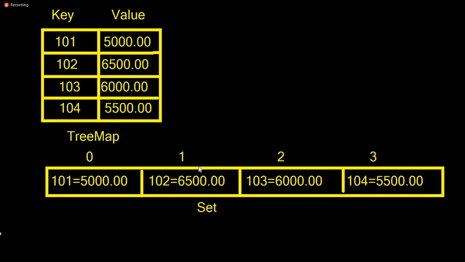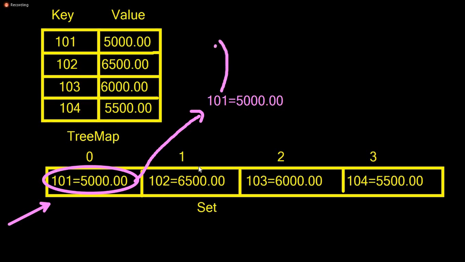Now, what we'll do is, the cursor is here. I'll call the hasNext method. True. I'll call the next method, which returns 101 equal to 5000.